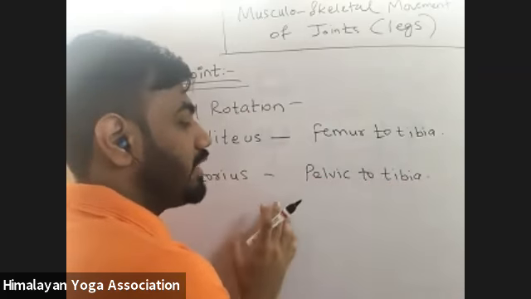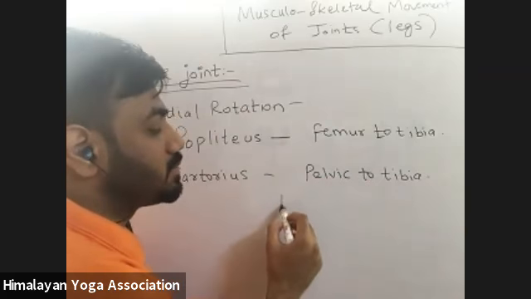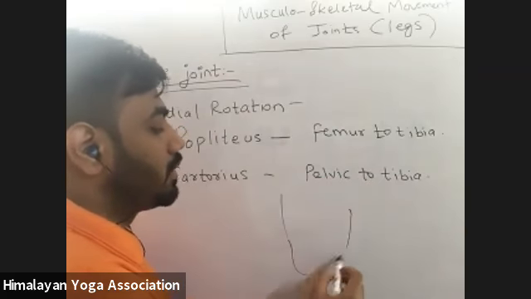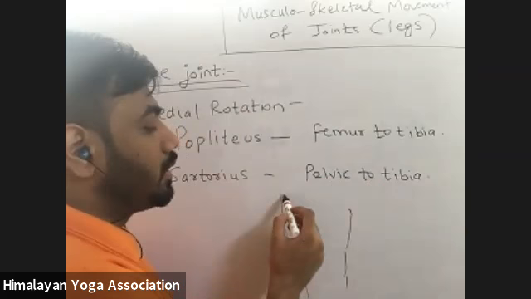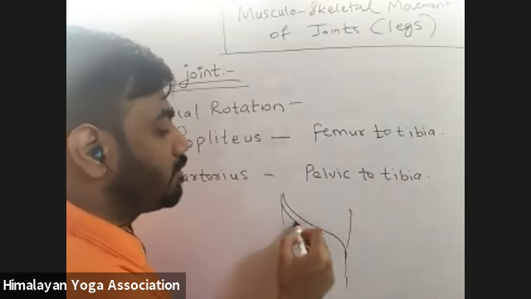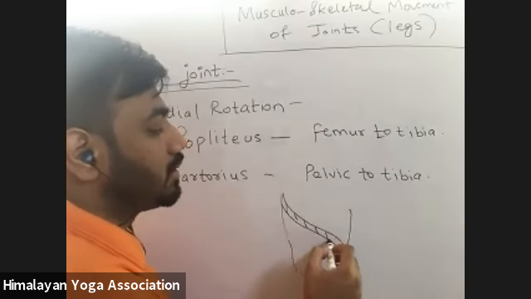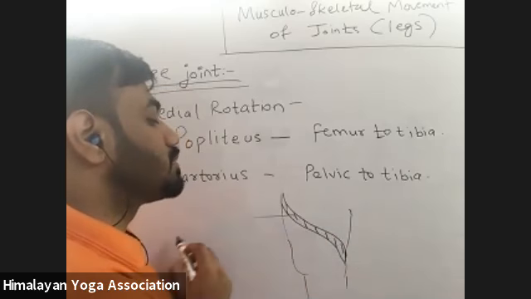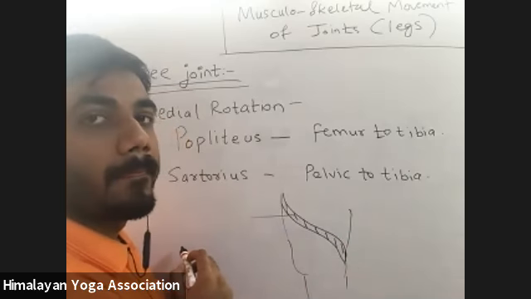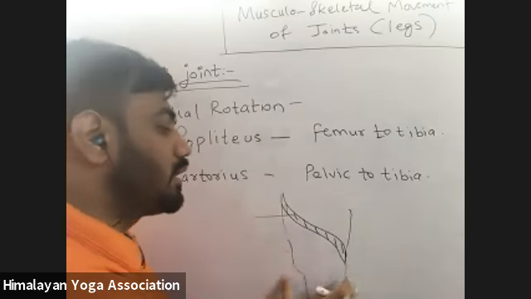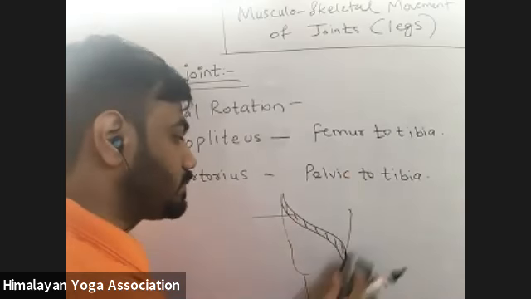The sartorius muscle we have drawn. How is the sartorius muscle? If you see the diagram of your leg, the muscle like this, which we have drawn like this, this is our sartorius muscle. We have seen the sartorius in the leg, but popliteus, I don't know.